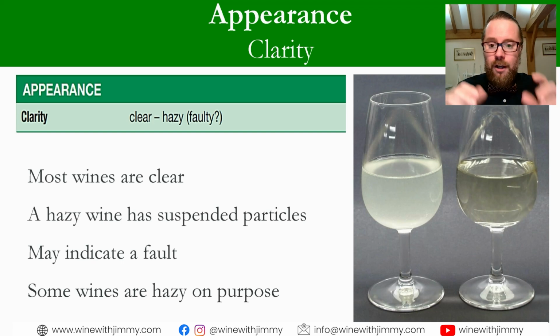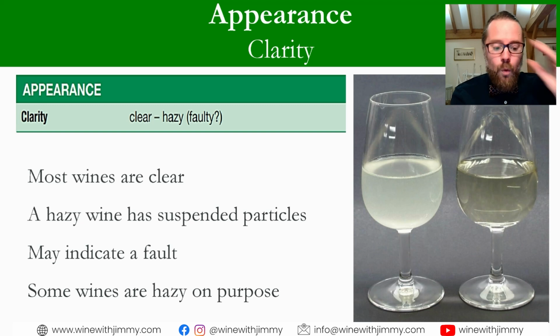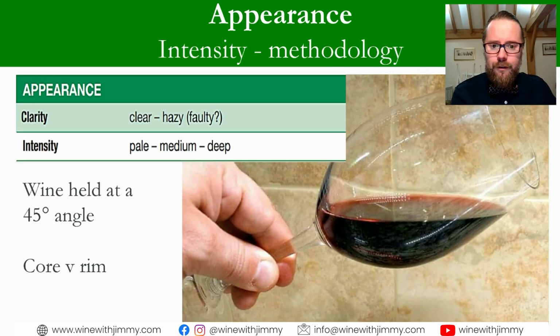And please bear in mind as well, there are wines which are actually hazy on purpose. Potentially they are non-filtered, non-fined and more natural wine styles. I know that's quite a loose term, but you'll know what I mean. For the purposes of the Level 3 certificate though, it is not important.